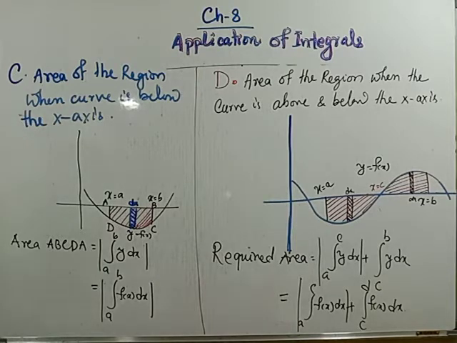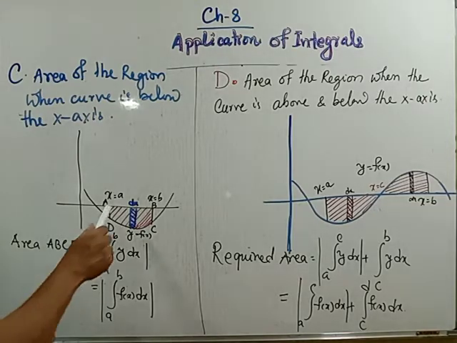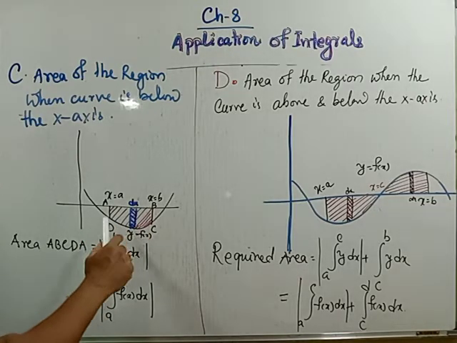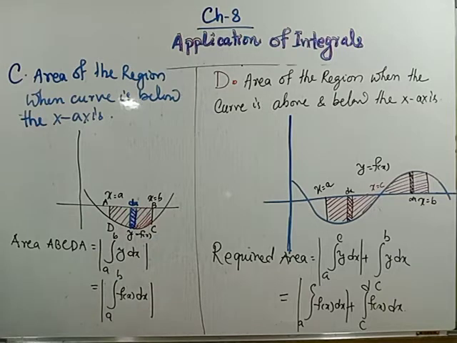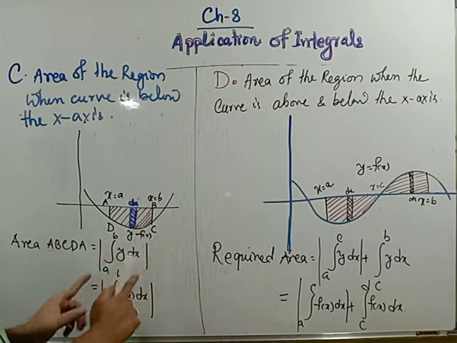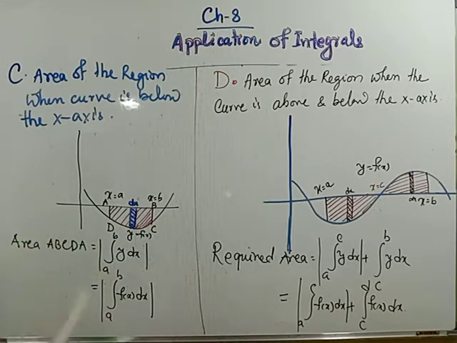Here the situation is different, the area is below the x-axis. In that case we do the same way, the limit will be a to b of y dx, but here you take the modulus of that area, because area is never negative. So that is the modulus of the integral from a to b of f of x dx.